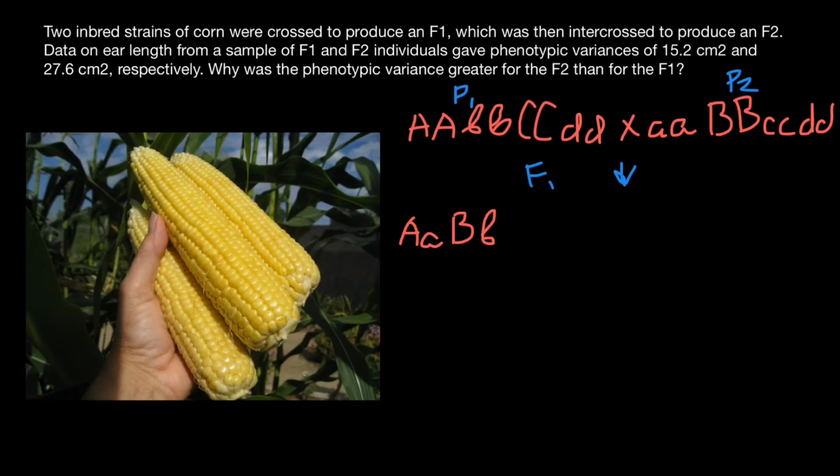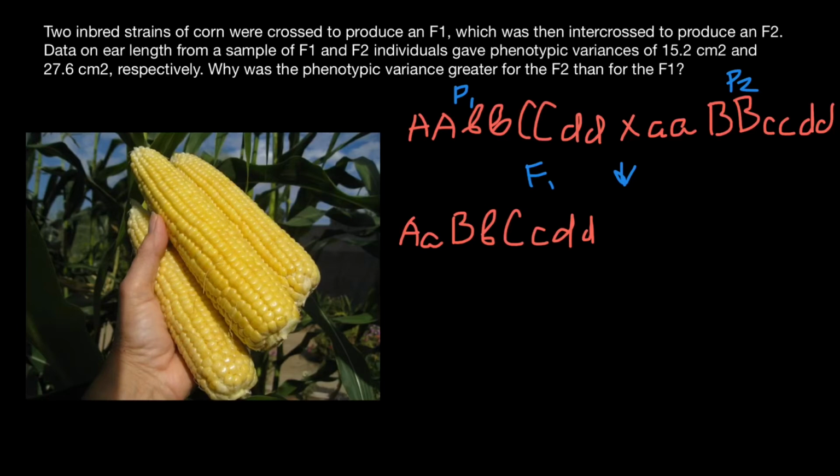For the gene C, it is going to inherit the dominant allele C and the recessive allele c from parent 2. And for the gene D, it would inherit two recessive alleles from both parents.